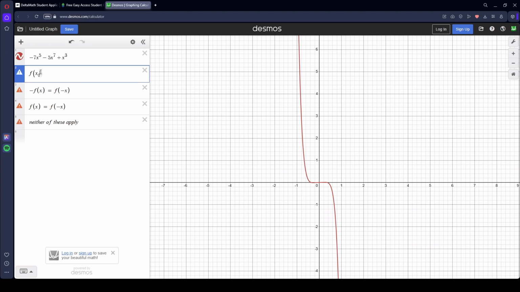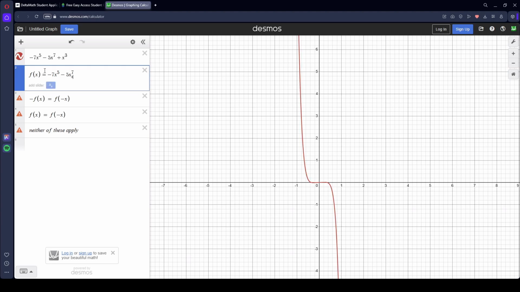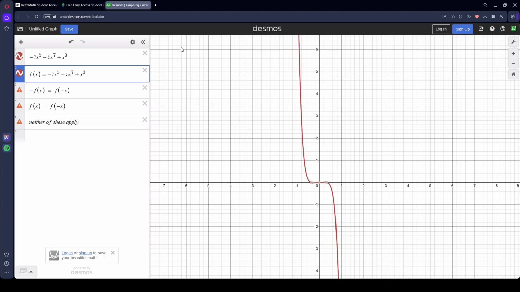f of x is equal to negative 7x to the power 5 minus 5x to the power 7 plus x cubed. What is happening? Right? This f of x is equal to this.